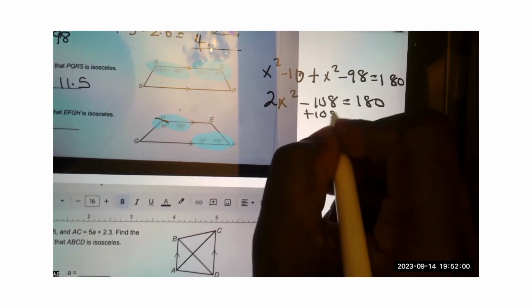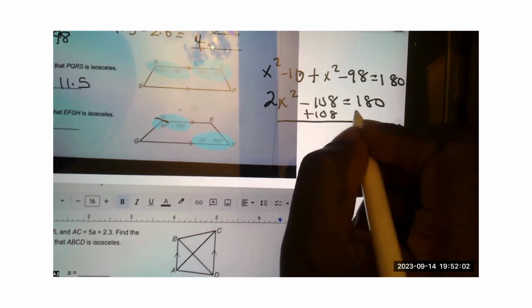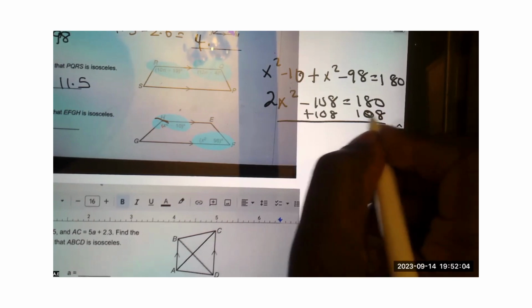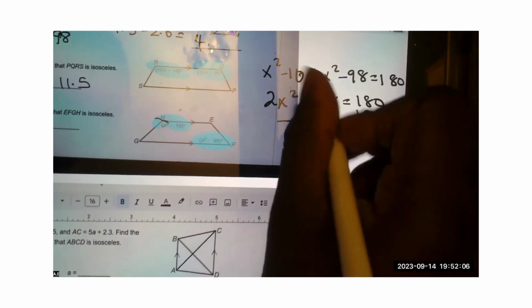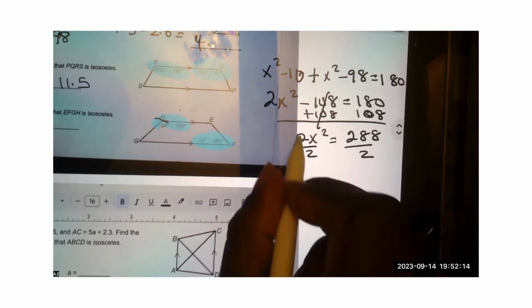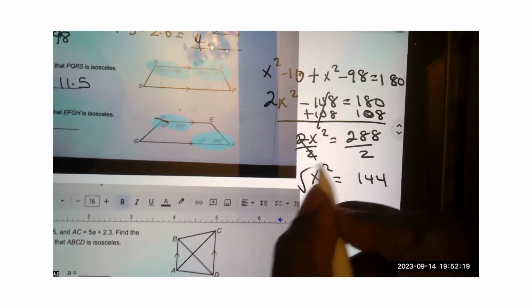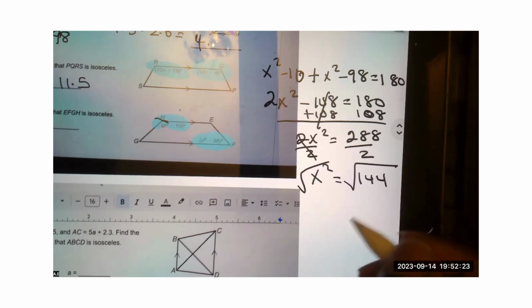So we add 108 to both sides. And that gives us 2x squared is equal to 288. We divide both sides by 2. So x squared is equal to 144. We take the square root of both sides. So x is equal to 12.